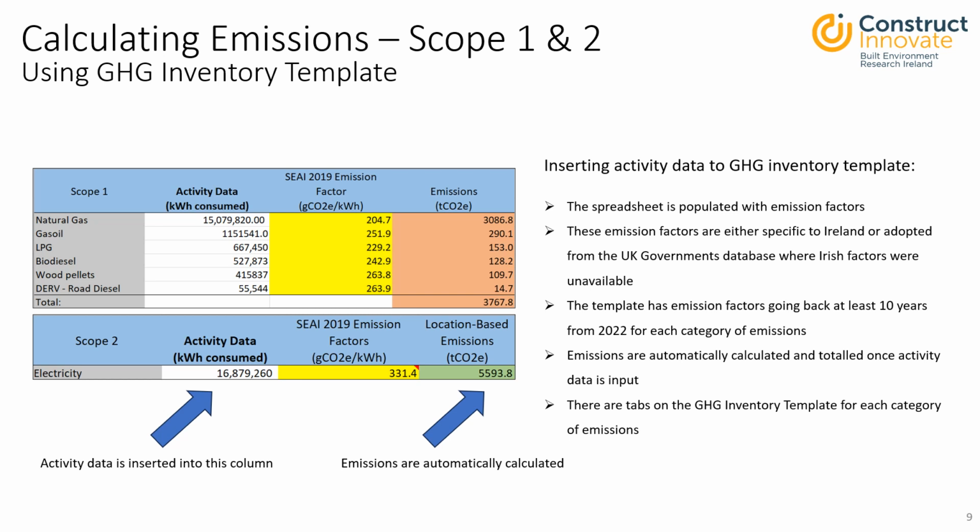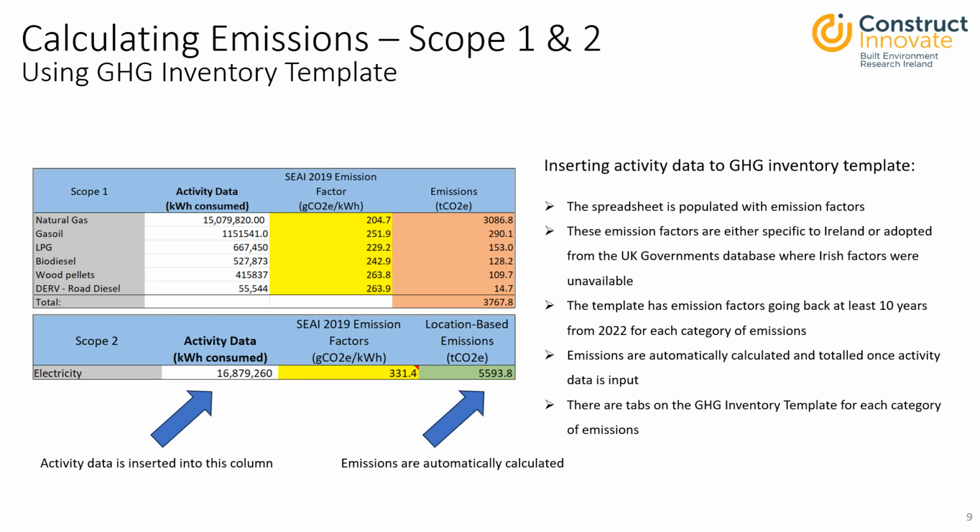It is often useful to use greenhouse gas inventory templates when calculating the emissions associated with Scope 1 and 2. For those students undertaking the degree at the University of Galway, up on Canvas you'll find the University of Galway greenhouse gas inventory template for use. Within the spreadsheet, it's populated with emission factors.